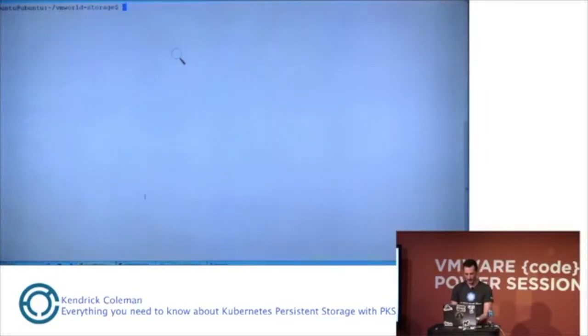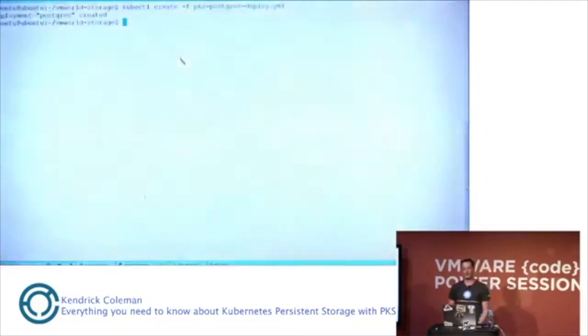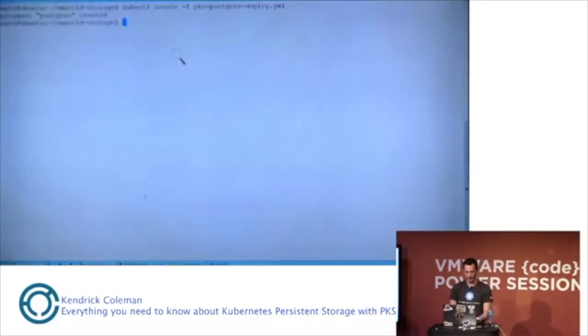So let's go ahead and just do kubectl create -f PKS Postgres deploy. So we can see that that's going. I'm going to watch the process here. We need to kubectl get our pods.